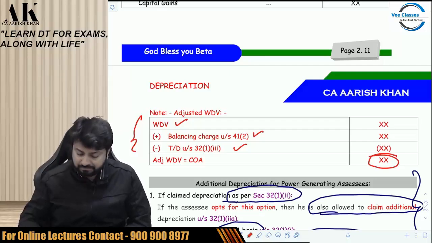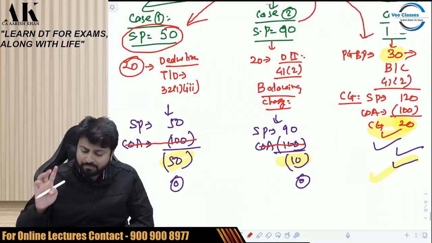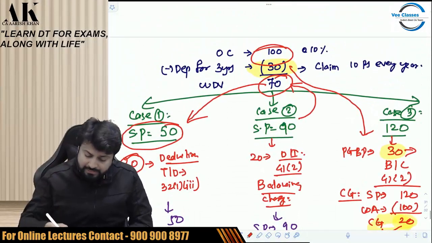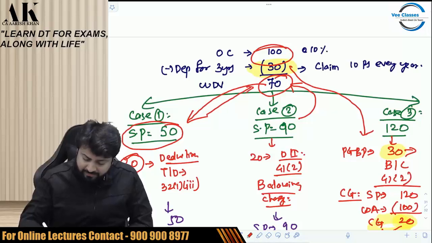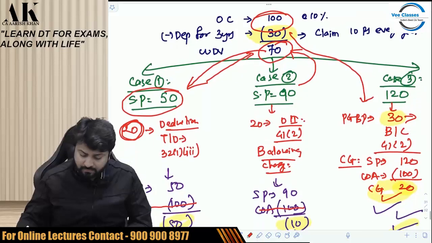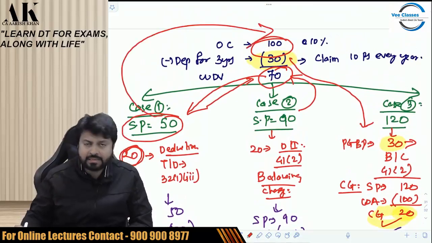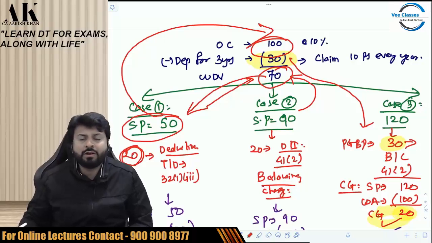Now why? Otherwise it would lead to dual benefit. Let me tell you how. Can I say the difference between 50 and 70 is already claimed as terminal depreciation? Yes. Then how can you again claim the difference between 50 and 100 as a capital loss? It will lead to dual benefit.